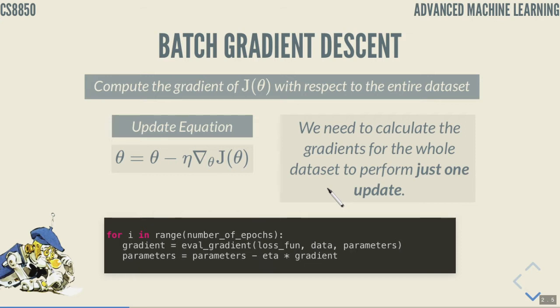For those who understand code better than the words, here's what we have. We just set the number of epochs, and each iteration includes the whole epoch. An epoch is one pass through the whole dataset. Eta is our learning rate. We evaluate the gradient on this whole dataset.